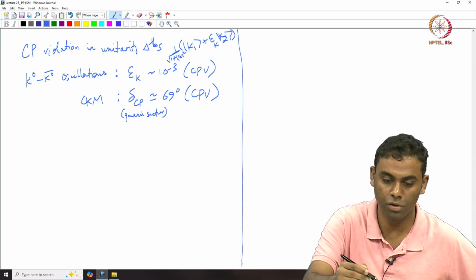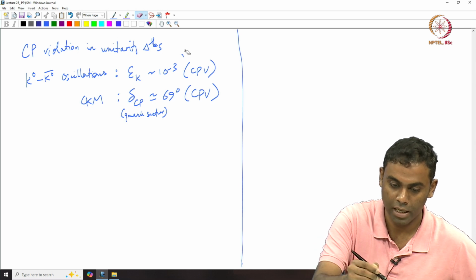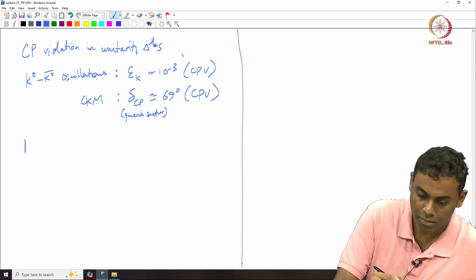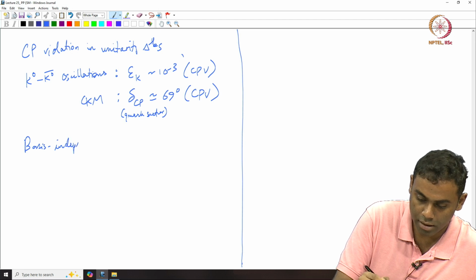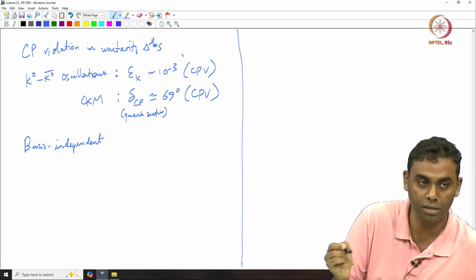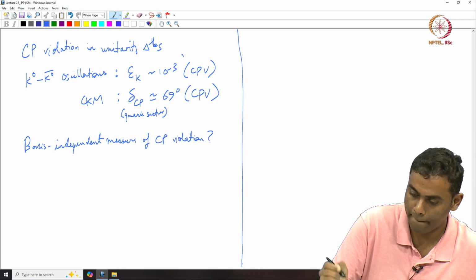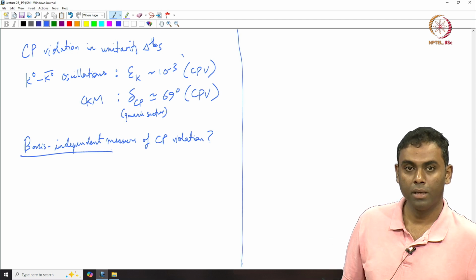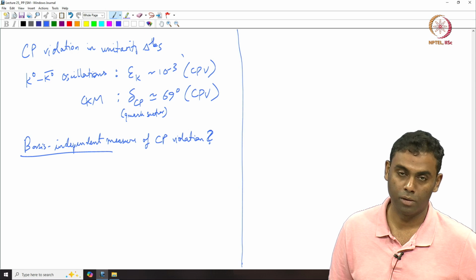So, what we would rather like to have is a parameterization basis independent measure of CP violation. That should be the goal.